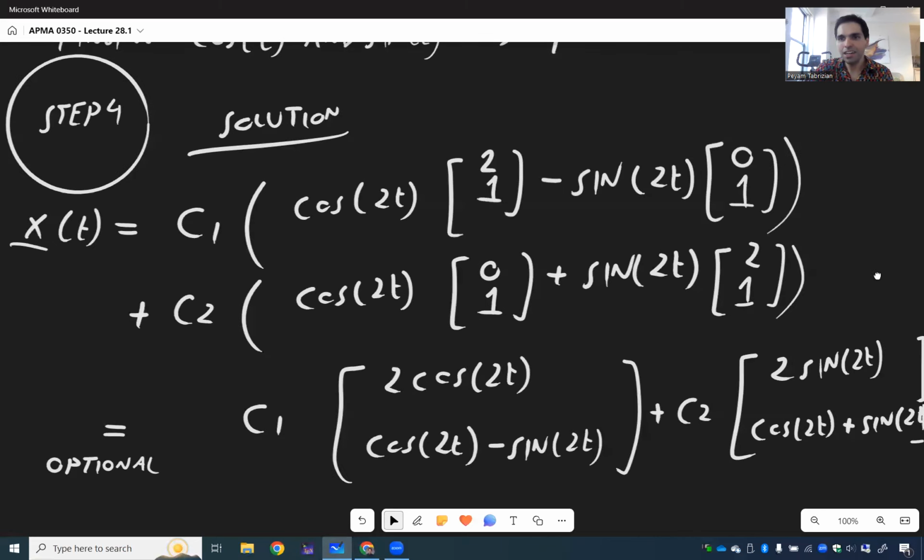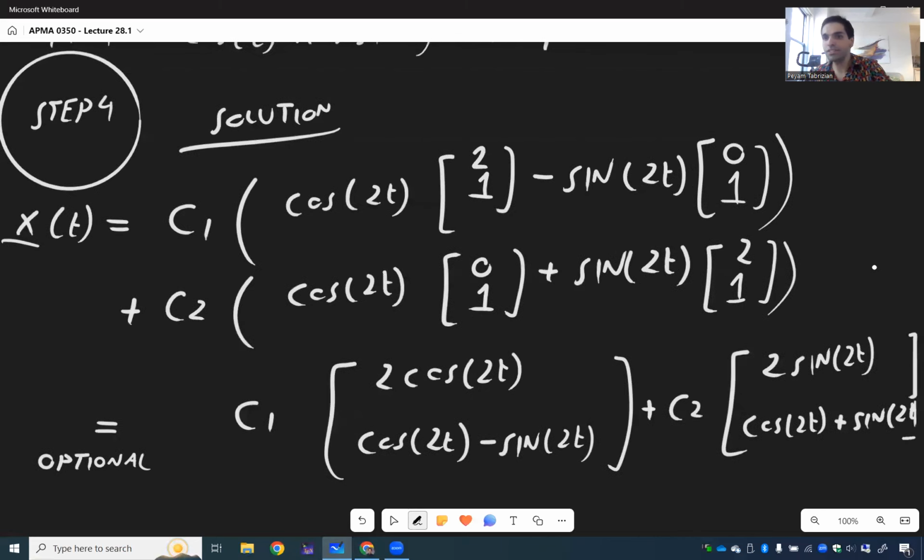Ta-da! I know this looks a little bit like a nightmare, but it looks long because I explain things thoroughly, but you'll see in practice, especially with the next example, that it's much quicker in practice.